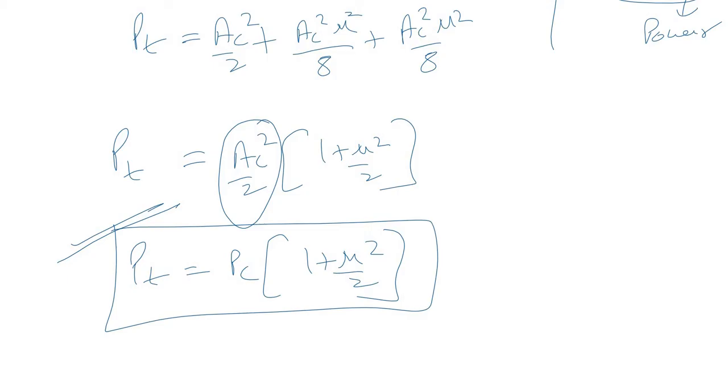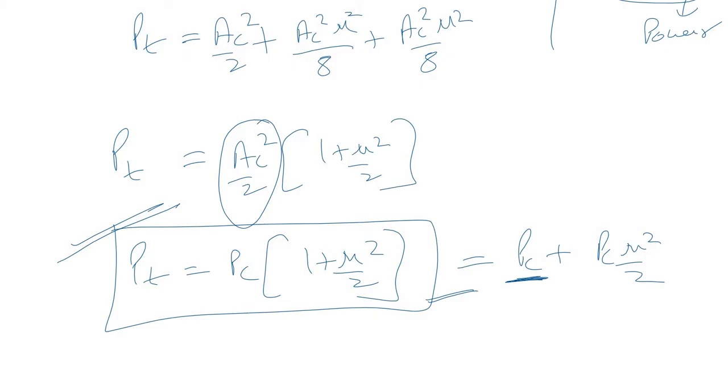Now if you carefully analyze this expression of the power required to be transmitted, it has two parts, PC plus PC into mu squared by 2, isn't it? One thing we can easily make out from this expression is that we are wasting a lot of power while using this scheme, because it has a factor PC. PC is what? Your carrier power.